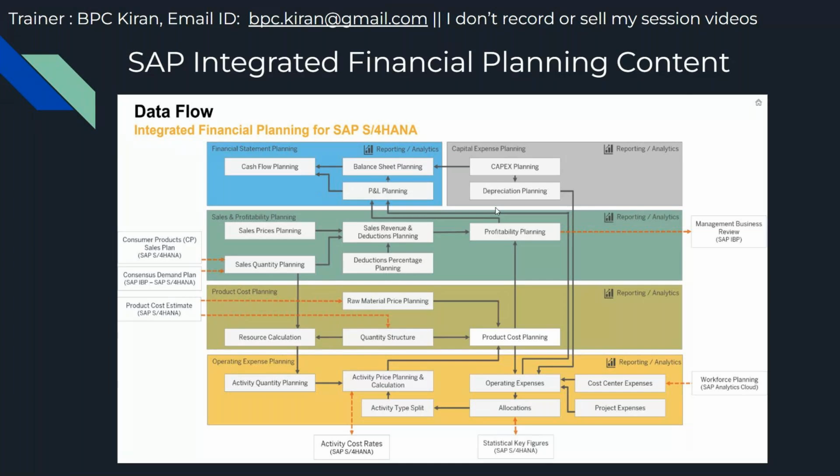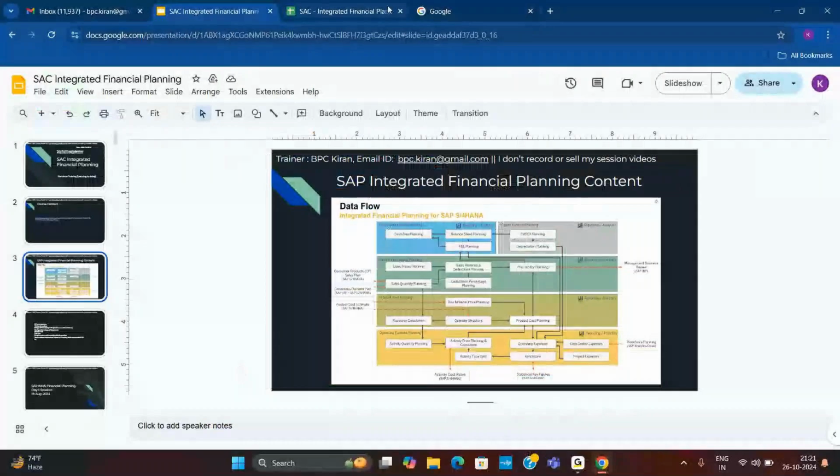Like from the capex planning, the system is going to transfer the depreciation from operational expenses. It's transferring to P&L. So all these scenarios, sales and profitability, financial statement, capex, product cost, operational expenses, we are going to understand the process, right? So this is the overall content.